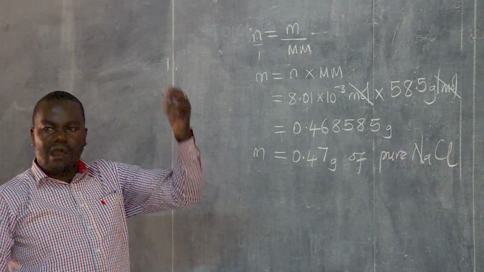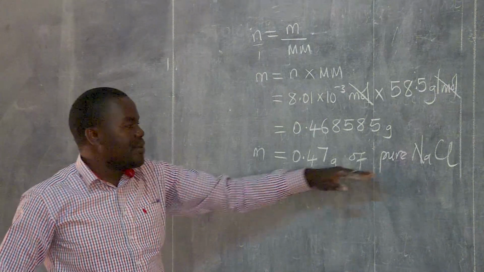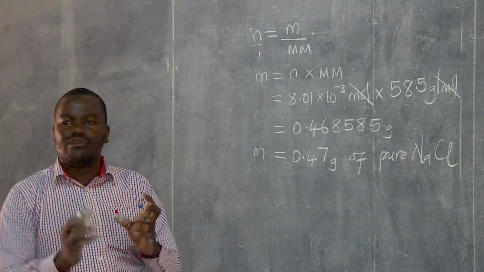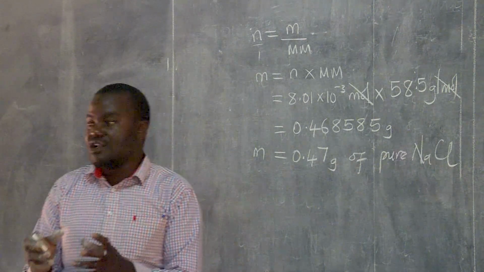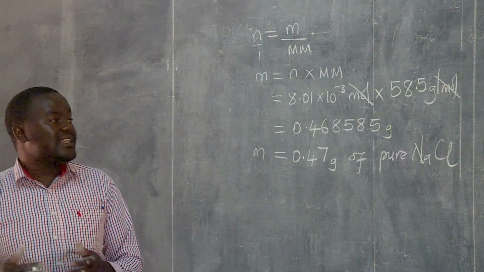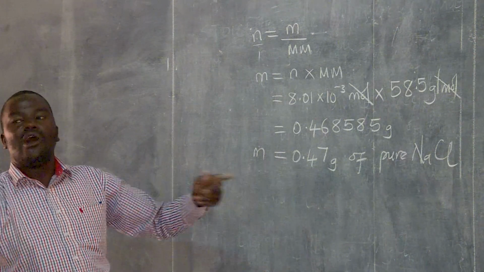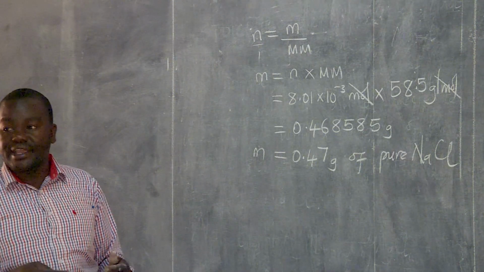Mind you, in our question, we were told that the mass of the pure substance together with the impure was amounting to 0.5. So now, for us to find the percentage purity, when we've reached this far, we now bring in our equation.